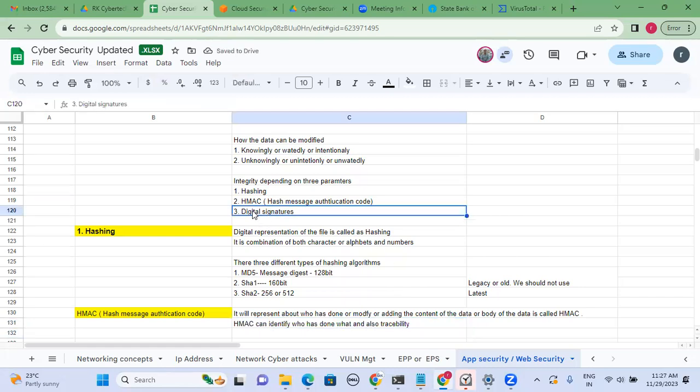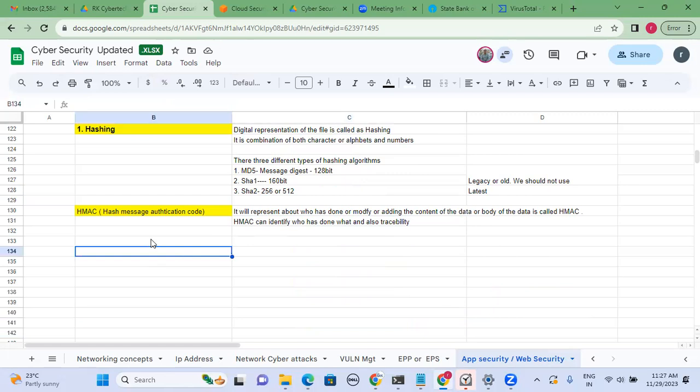Now what is the last one? Digital signature. Where can we use it? I'm not sure how many people here have submitted income tax. Whenever you submit income tax to the government of India, we have to certify it with a digital signature.